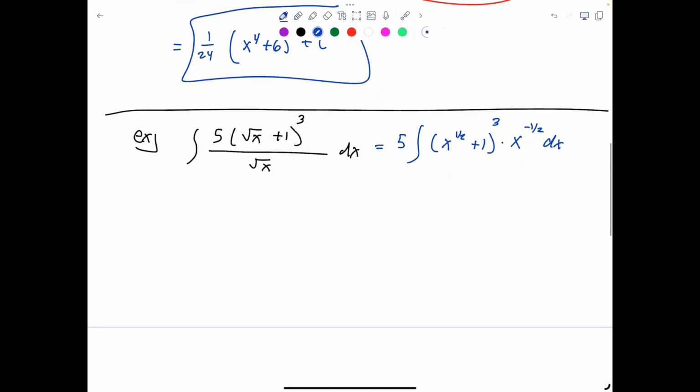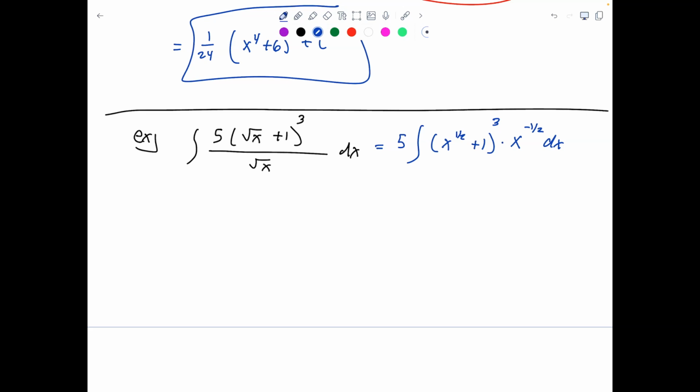All right, and so sometimes we always think, oh, if it's in the denominator, that's my u. That's not always true, except if your u has a power less than 1, then its derivative will have a negative power, and therefore be in the denominator.